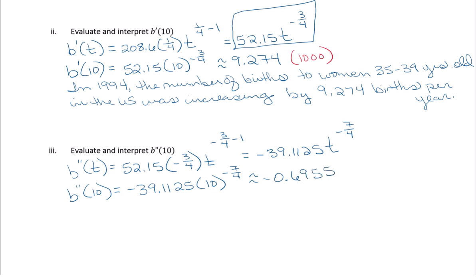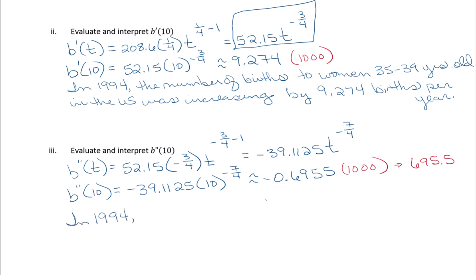0.6955. And remember, when we go to interpret, we would multiply this by 1,000. That's approximately 695.5. We might want to round up to 696 depending on how they want us to interpret it, but they didn't specify here.